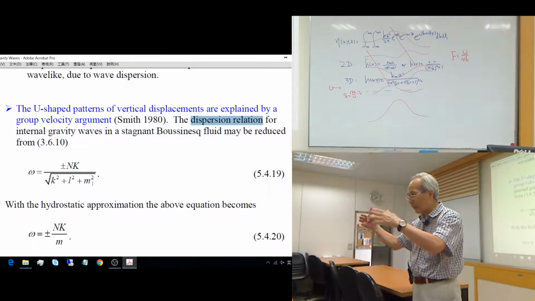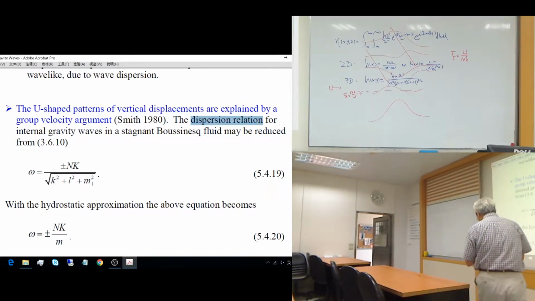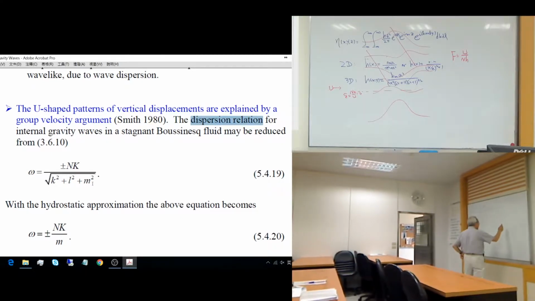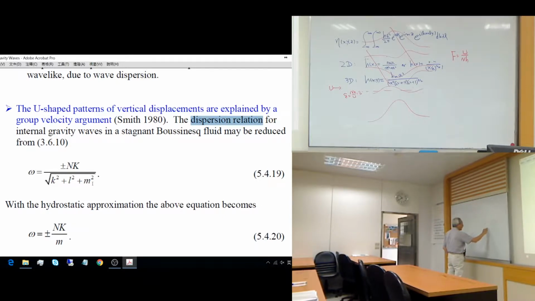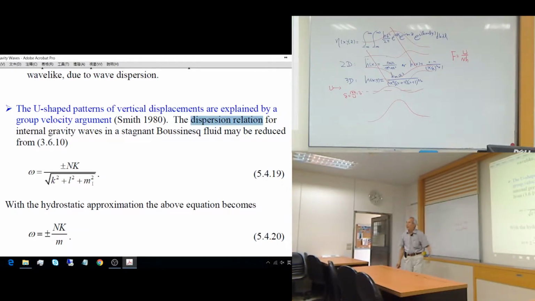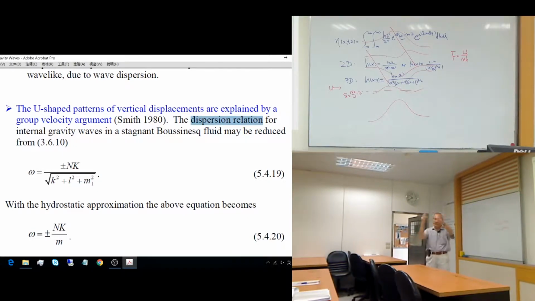When you assume a normal mode approach, like eta or w equals w hat, equals eta hat, it doesn't matter which variable, and then you have e to the i(kx plus ly), this kind of normal mode approach, or you do a Fourier transform, then you transform everything.